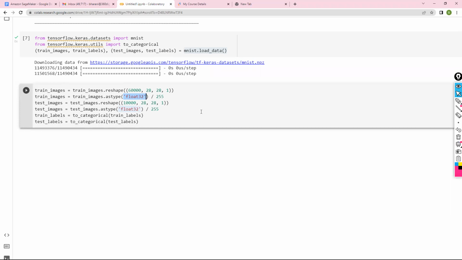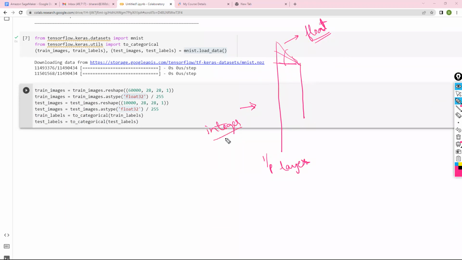Why do we convert that into float format? Just to help you understand again, you have the inputs which you supply to the input layer, and then you have your convolution layers, and the connections are the weights or parameters that you get. They will be in float format. Decimals are allowed. However, if the inputs that you provide are in integer format, integers multiplied by float throws an error.